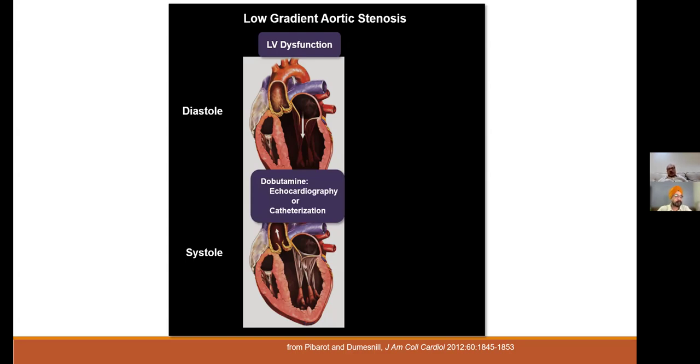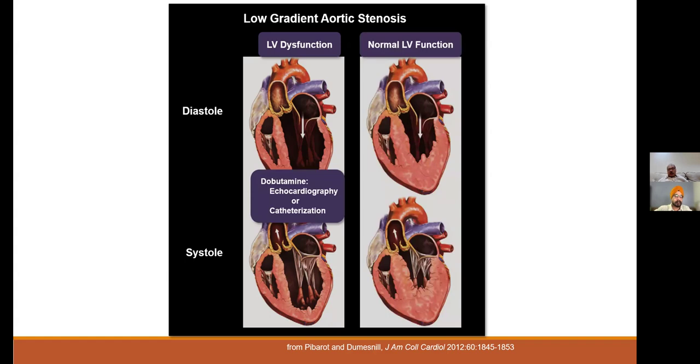And there is yet another, which is normal LV function. Now, this is a very peculiar thing to understand. Low flow, low gradient, severe AS, normal LV. How can that be possible? Yes, it is possible. This is known as paradoxical aortic stenosis, and this can happen in hypertension.